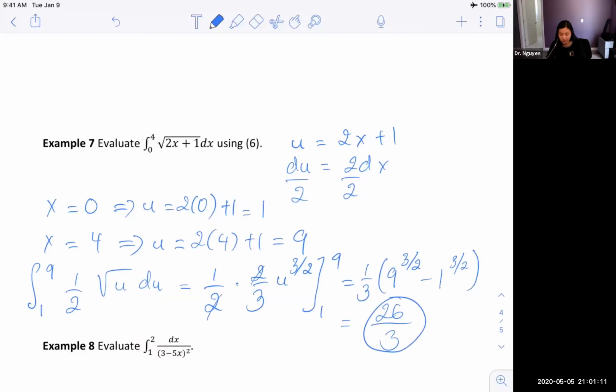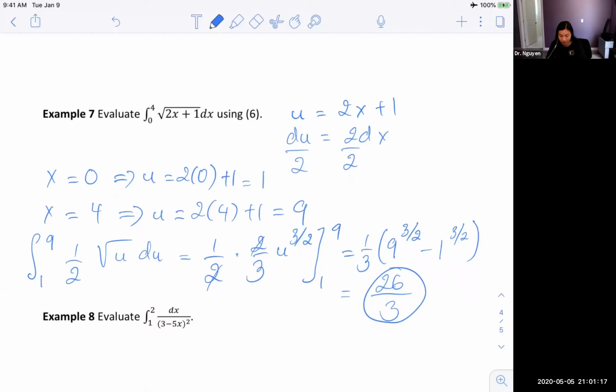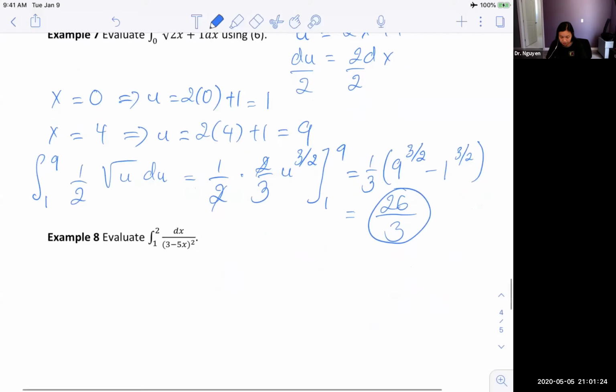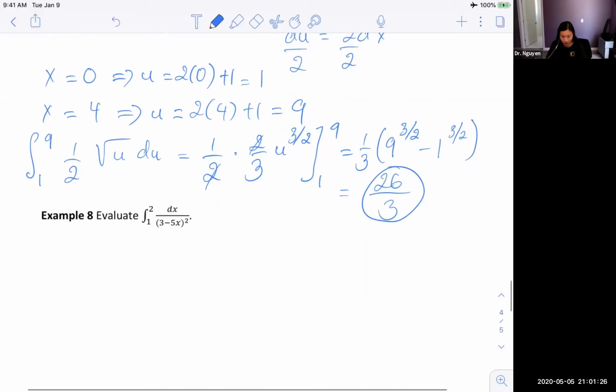Yeah. All right, so that's how you do it when you have the upper and the lower limit. Okay, so for this problem, once again, we can tell that u is 3 minus 5x, right?